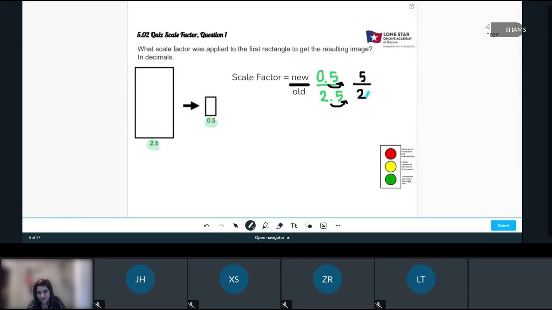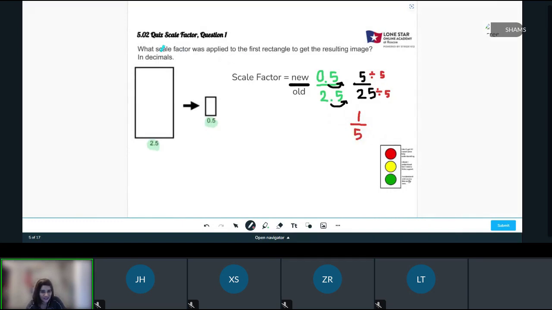Now divide them. 5 over 25, right? You can definitely divide it by 5. And after dividing by 5, you will notice it is going to be 1/5.